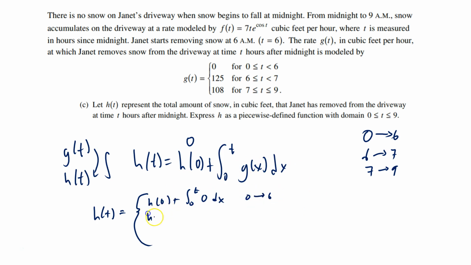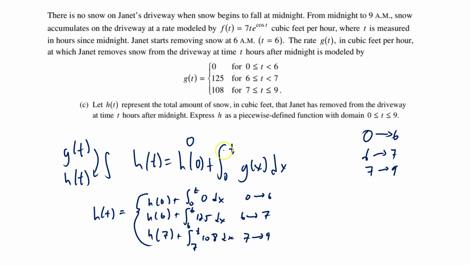And then it'll be h of 6 plus the integral from 6 to t of 125 dx from 6 to 7. And then it'll be h of 7 plus the integral from 7 to t of 108 dx from 7 to 9.